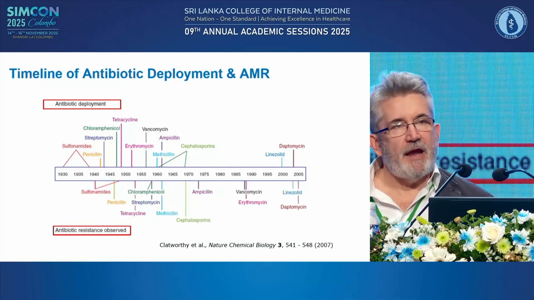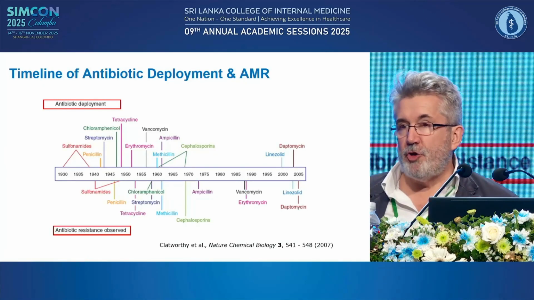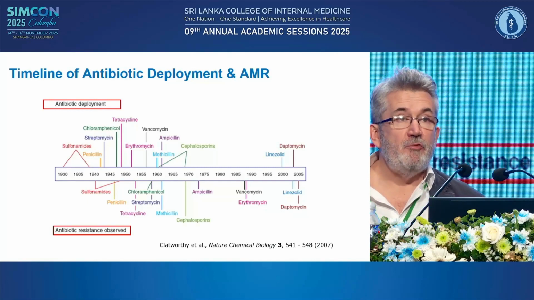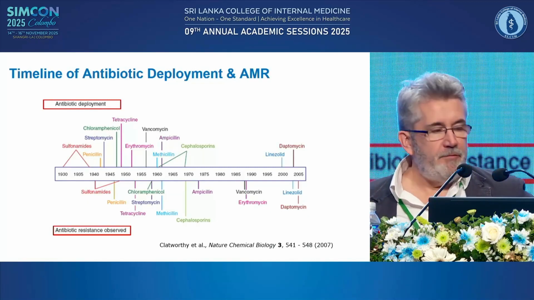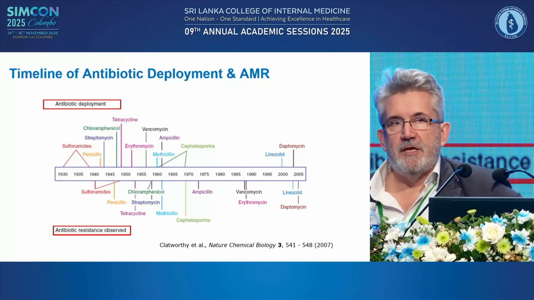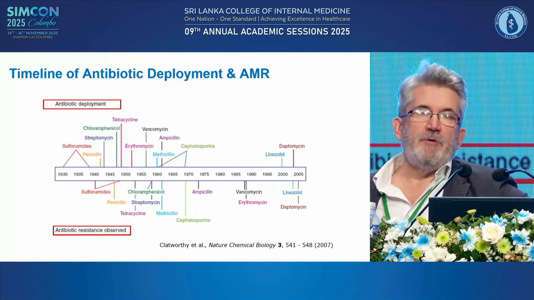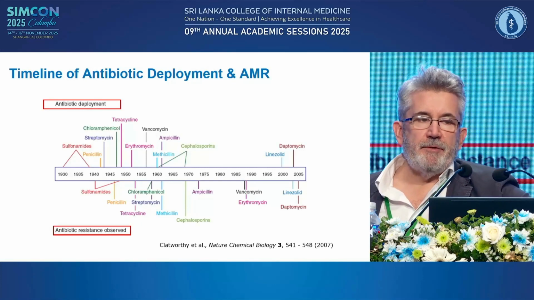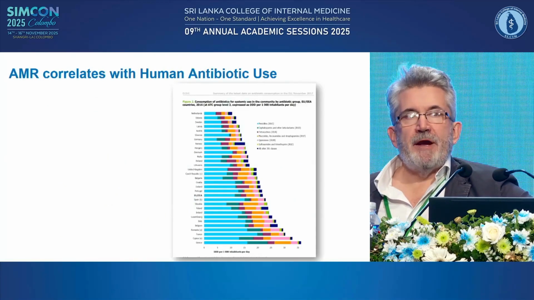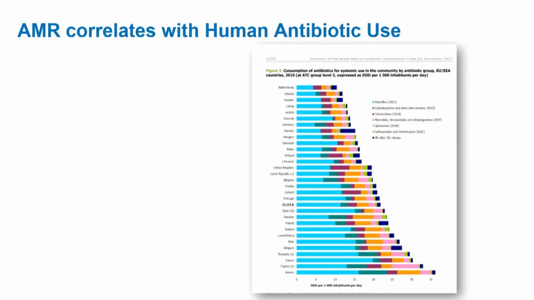So what you can see is as we introduce every new drug, including some of the very new ones that you've seen in the pharmaceutical industry stalls in the other room, every time you introduce one, resistance will develop. And antimicrobial resistance correlates closely with antibiotic use.